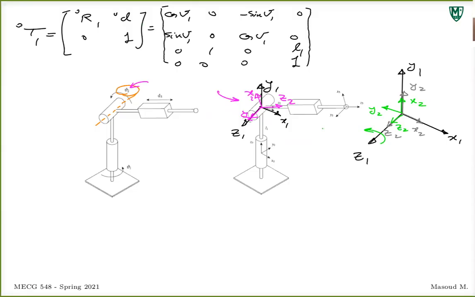And then you can have a 90 degree rotation about Y1 right there, which brings your axes to where they should be. We're going from green to orange. So this becomes X2, this becomes Z2, and then this becomes Y2.